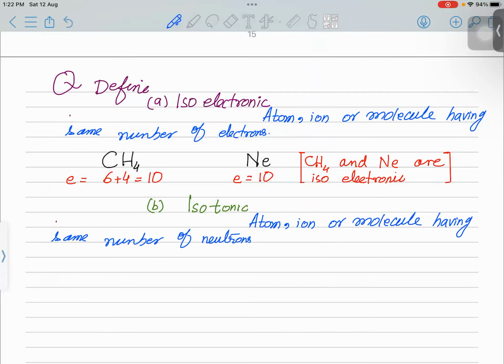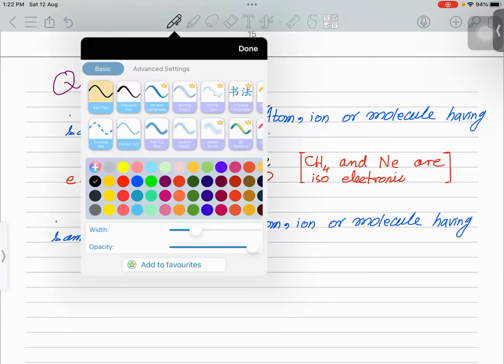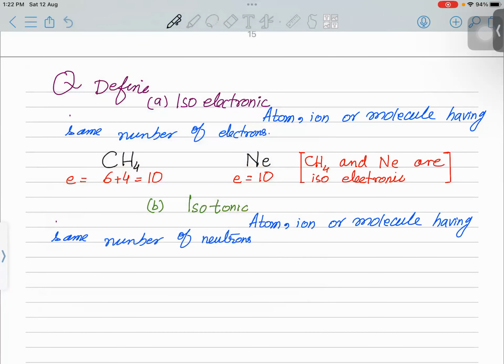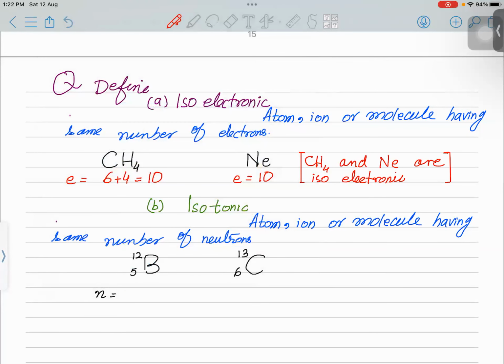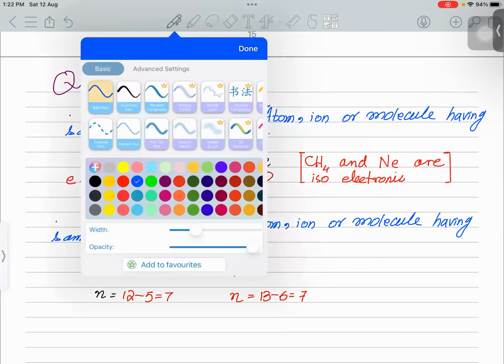For example, boron 12, 5 and carbon 13, 6. How many neutrons? 12 minus 5 is 7. And 13 minus 6 is 7.